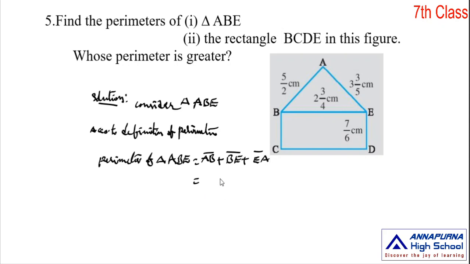You add all three sides of the triangle: AB is 5 by 2 centimeters, plus BE is 2 3 by 4 centimeters, plus EA is 3 3 by 5 centimeters. So here, this is an improper fraction and these two are mixed fractions.